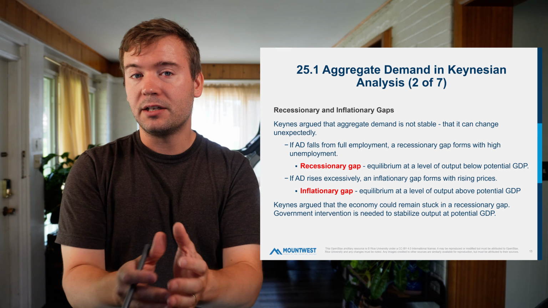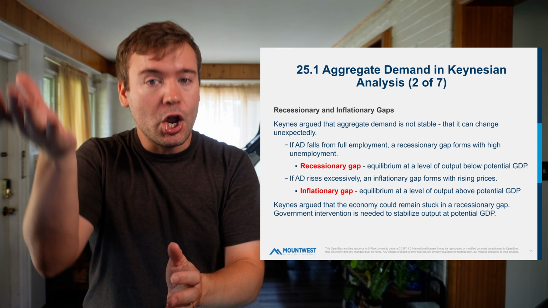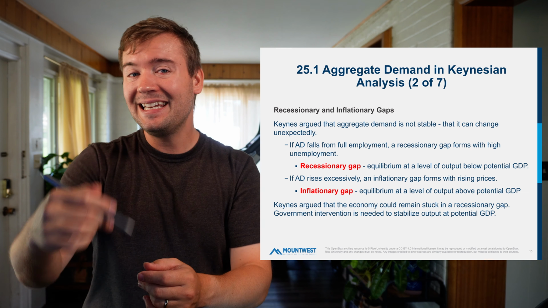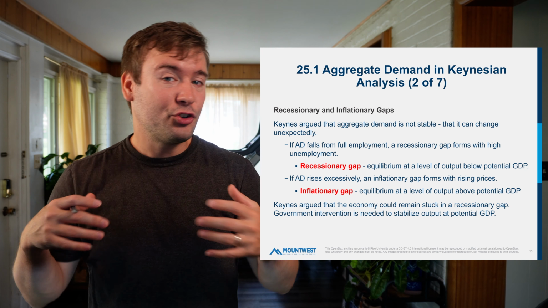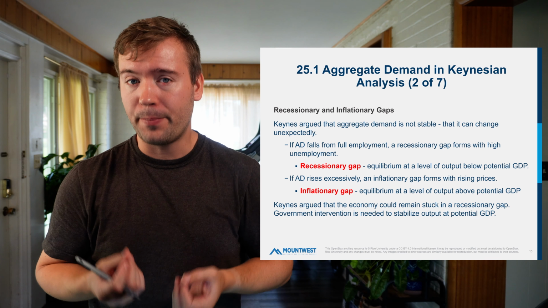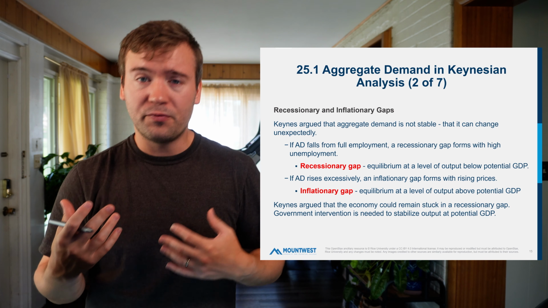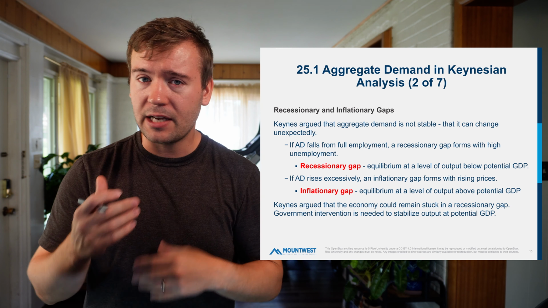Conversely, if aggregate demand rises excessively, pushing the economy beyond its potential output, then it leads to the inflationary gap. Here, demand is trying to expand the economy beyond its sustainable capacity. Everybody's working 24-hour shifts, overtime. Machines are going nonstop.